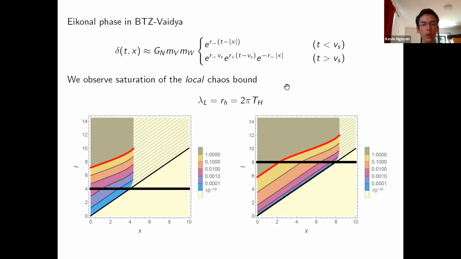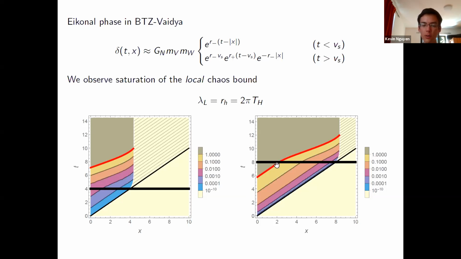But we are also interested in the spatial dependence of the commutator squared. Here you can see the level sets of the commutator squared for 2 different times of energy injection. The black horizontal line is the time of energy injection. You indeed see that before energy injection, this is just the thermal result.